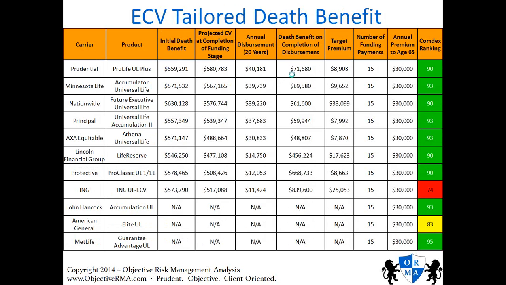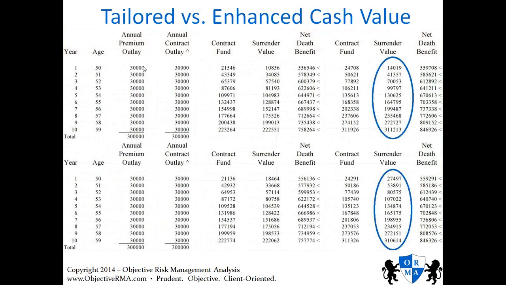So what that means is if I took two illustrations, this is a level, this is just a regular tailored approach. If you pay in $30,000 in premium, your surrender value in year one is just around $16,000. If you put on this enhanced cash value rider, you pay in $30,000, but then you can see you have much greater access to the premium that you paid in.